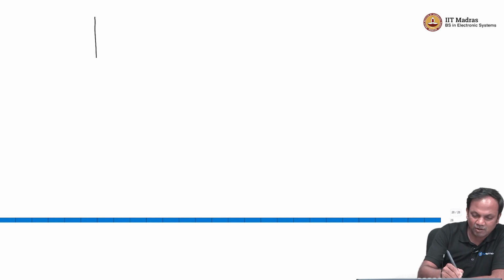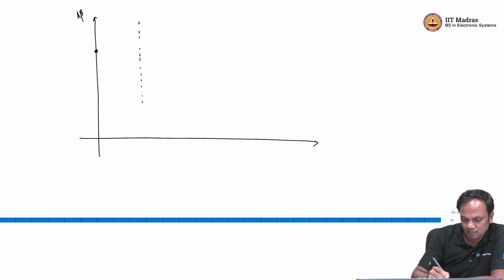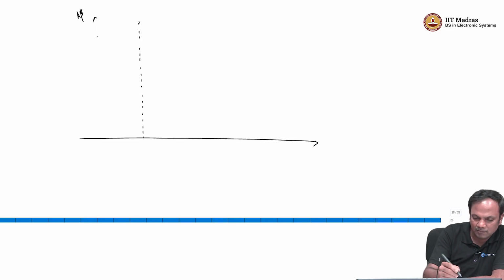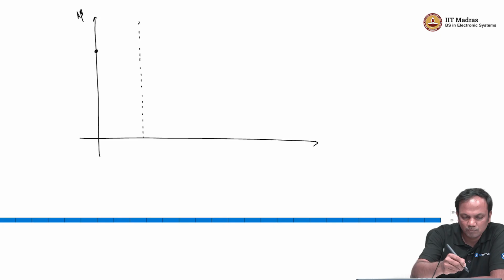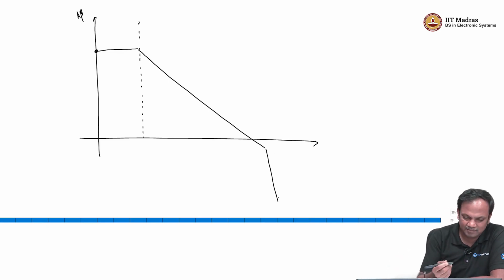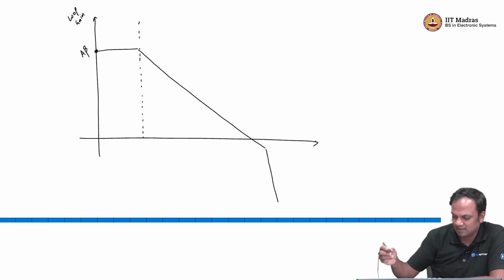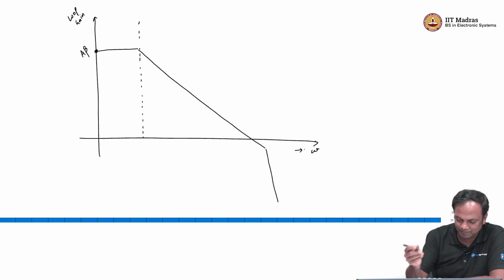Now it is important, again we talked about stability, right. If you look at the Bode plot where you are plotting loop gain, here is a simplified circuit, simplified graph.